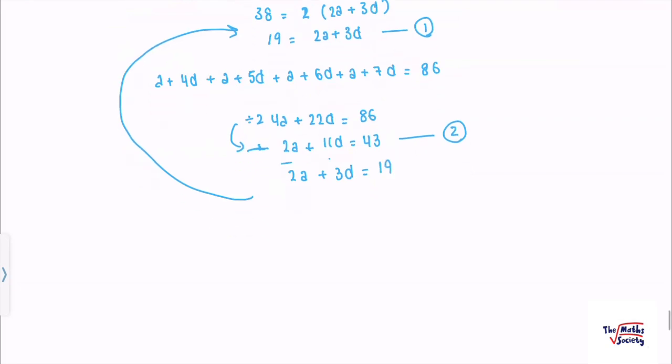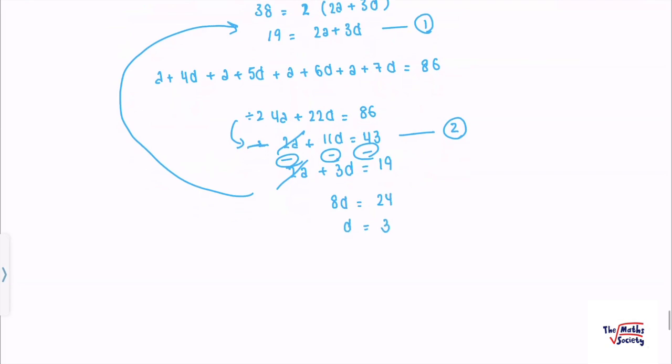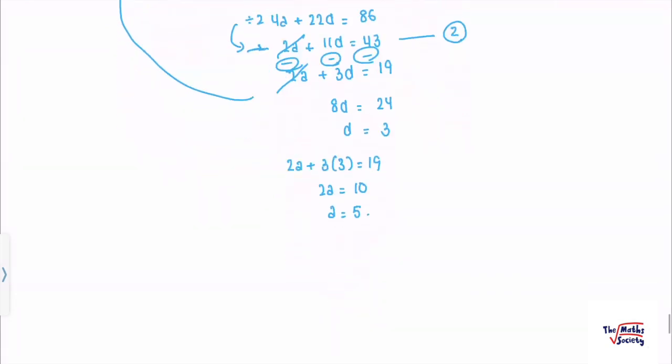I'm going to have minus, minus, minus. 11 minus 3, that's 8d equals 24. d is going to equal 3. And you know that 2a plus 3d is equal to 19, 3d, 3. 2a equals 10. So then a is going to equal 5. And here's your a, first term, and d, your common difference.